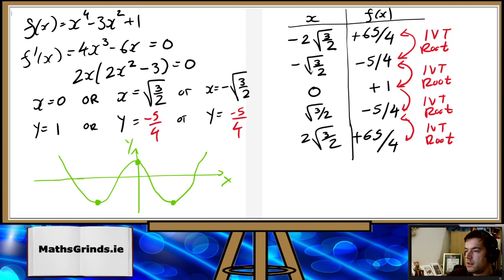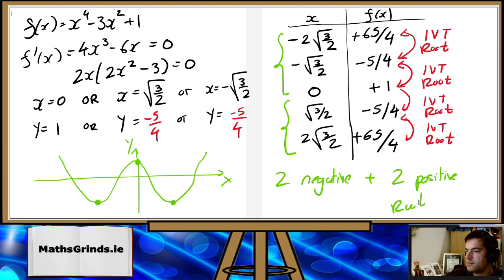And yeah, these two would be negative, and then these two positive. So 2 negative and 2 positive roots. And none of these values were the root, but the roots would be in between. So there'll be a root in between these two and in between these two, and that's all negative, and in between these two and in between these two, and that's all positive then.